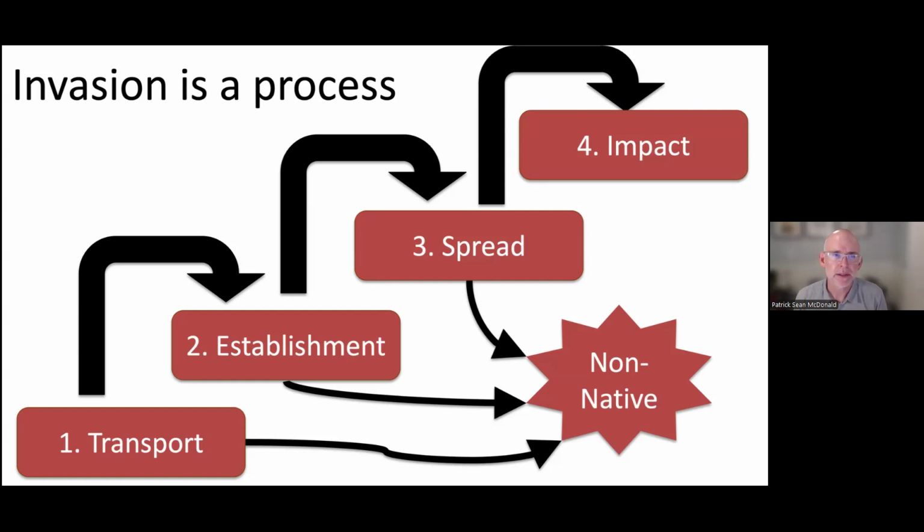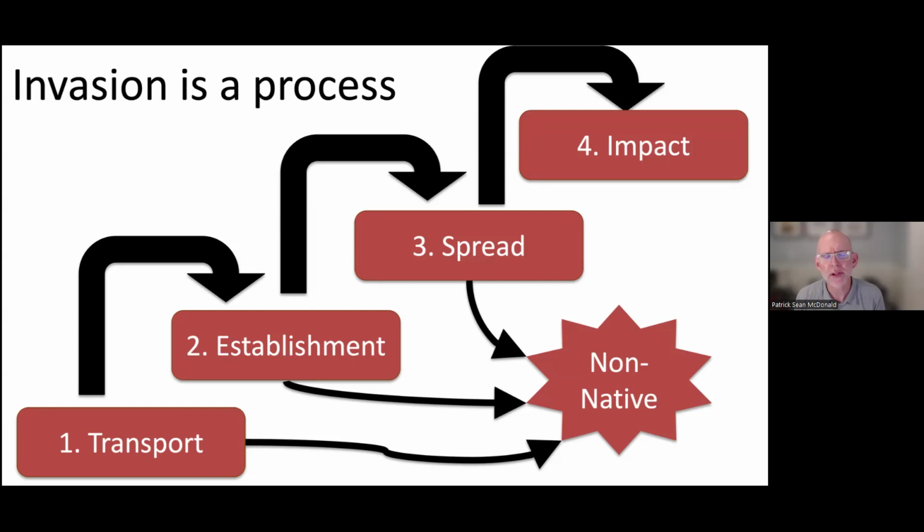If you think about the invasion process as having four components, what's really interesting is that at each one of these steps, a species can go from just spreading to an area, to becoming established, and then spreading, and then having an impact. But each one of these steps has to be successful along the way.